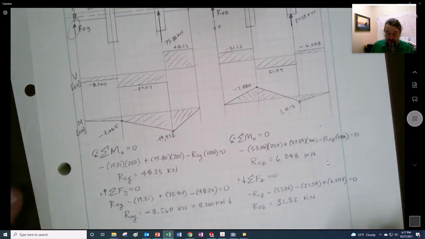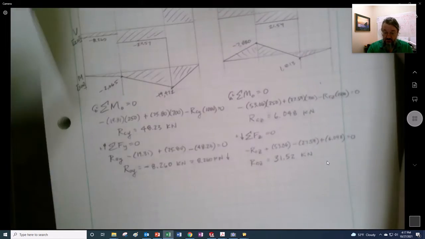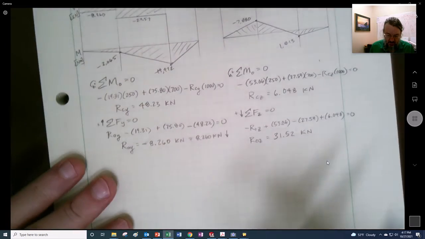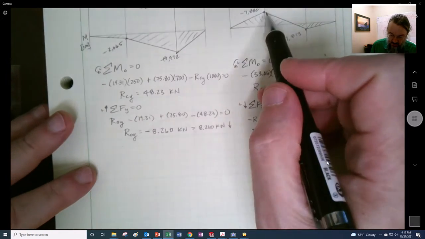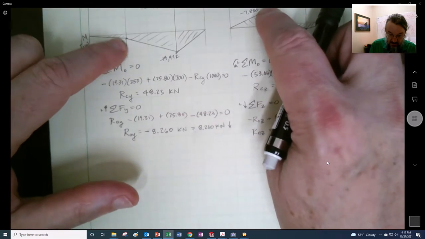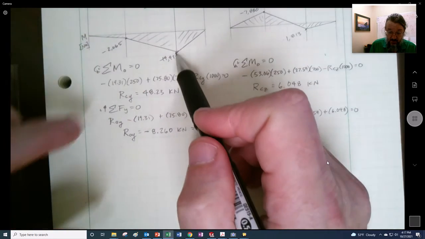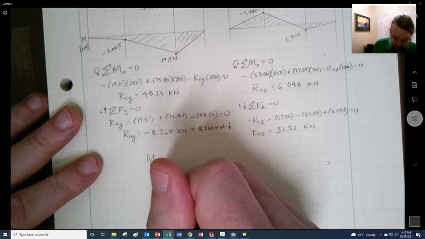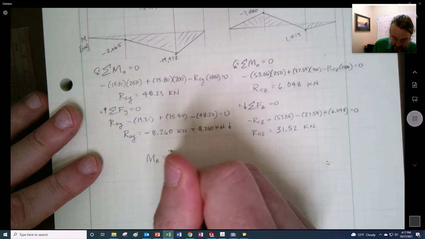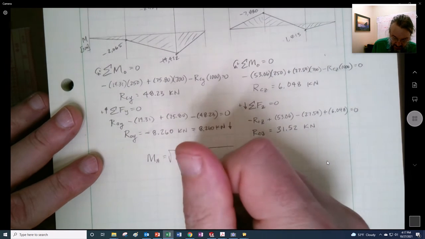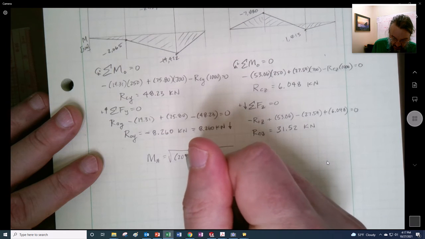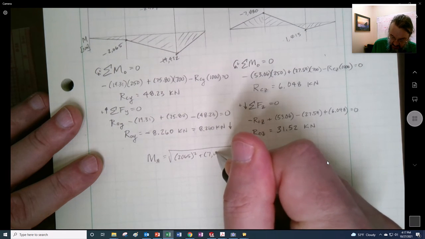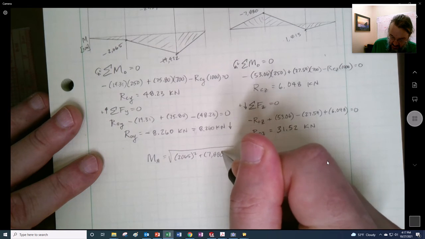So, okay, I've double checked everything and I believe them. Now we want to get the moment, right? The maximum moment. Okay, so it's either going to be here, or it's either going to be at that spot, or it's going to be at that spot. I'm pretty sure you can tell right there. So we'll say the moment at A is going to be the square root of 2,065 squared plus 7,880 squared.